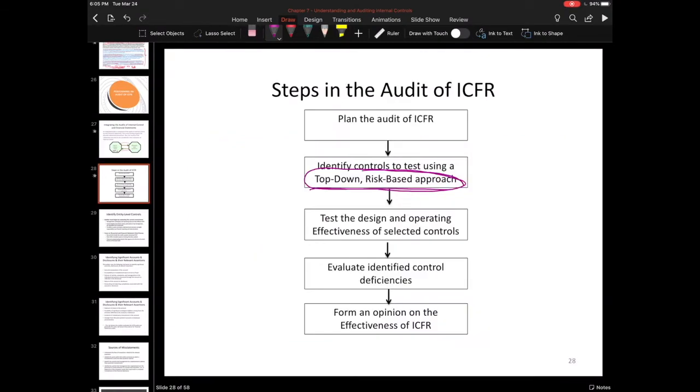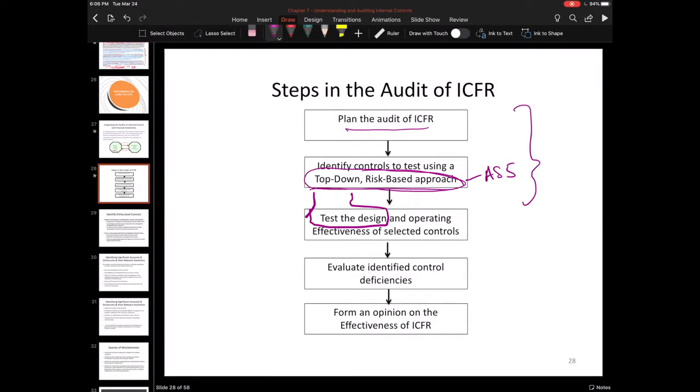All right, these are my steps in the audit of ICFR. So up here, I'm planning, I'm identifying which controls to test using that top-down risk-based approach from AS5 that we talked about. And I'm also determining if controls are designed properly, right? So this part of test the design is up here. And all this stuff is part of understanding the control environment.